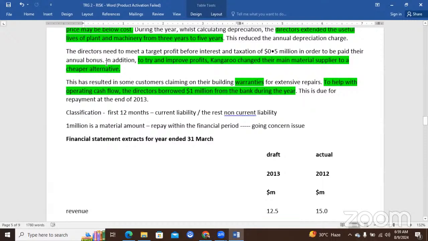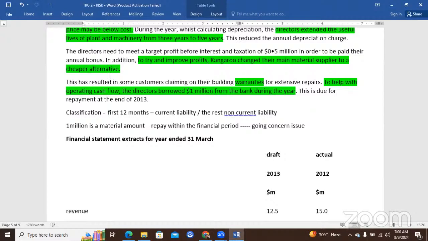And also they said, in addition, to try to improve profits. Apart from this, in order to improve profits, Kangaroo changed their main material supplier to a cheaper alternative. So when a company changes a main supplier to a cheaper alternative, the quality of the product gets reduced, right?